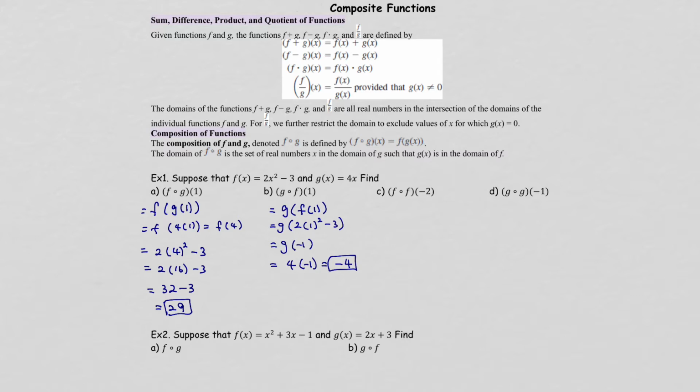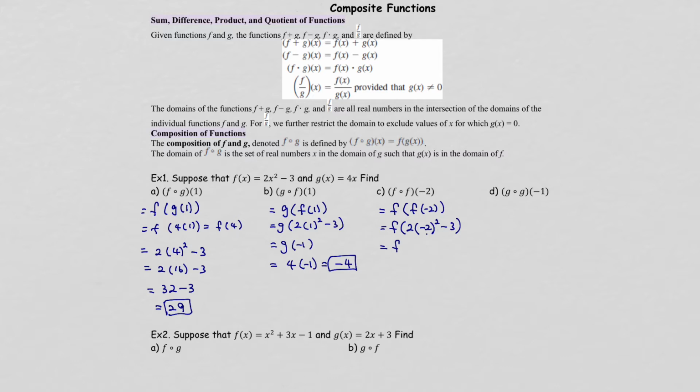If we try one more, but this time we are using the same function instead of two different functions, it's still the same thing. So first, you're going to replace negative 2 into the f of x function and see what you get. Then it will be 2 times negative 2 squared minus 3. Whatever the answer is, you're going to replace back into the f of x function again.